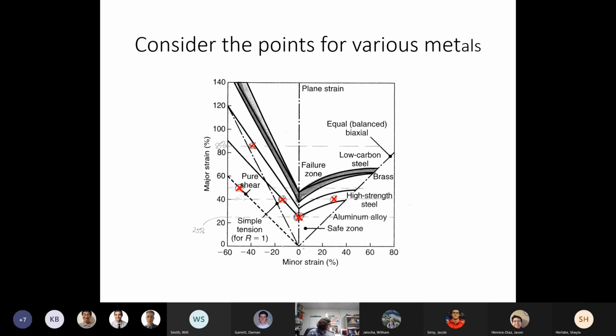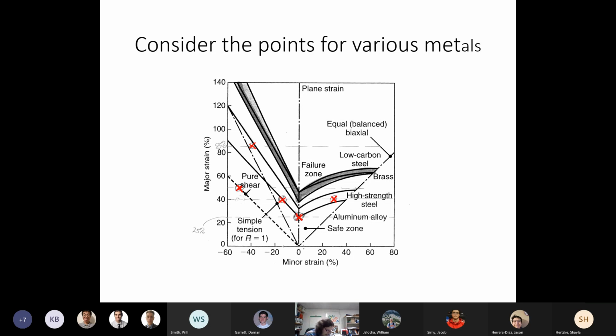So the question is, now let's say that we have these points. How are we doing? Well, let's look at each of the materials. We're going to look at low carbon steel, we're going to look at aluminum, and we're going to look at high strength steel.